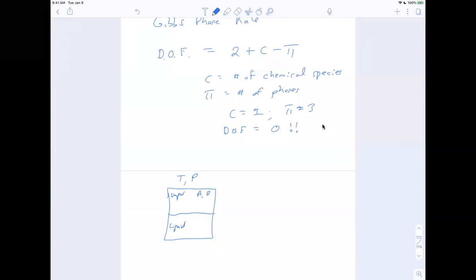Okay, so we know that we can now specify temperature and pressure. We could actually also specify the mole fractions of each of the species in the liquid and the vapor. Liquid mole fractions we label as X and vapor as Y. And we know that the mole fractions are connected because YA plus YB has to equal 1, and XA and XB added together have to equal 1.